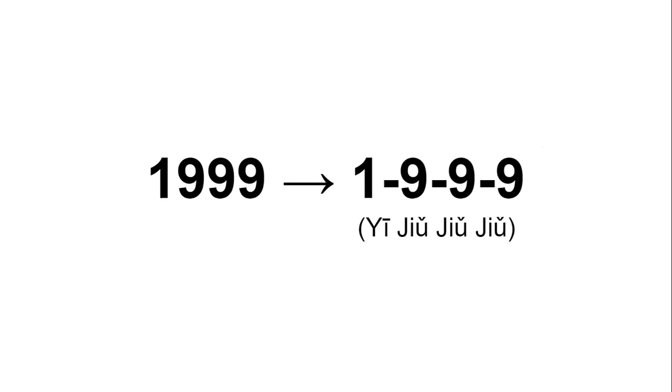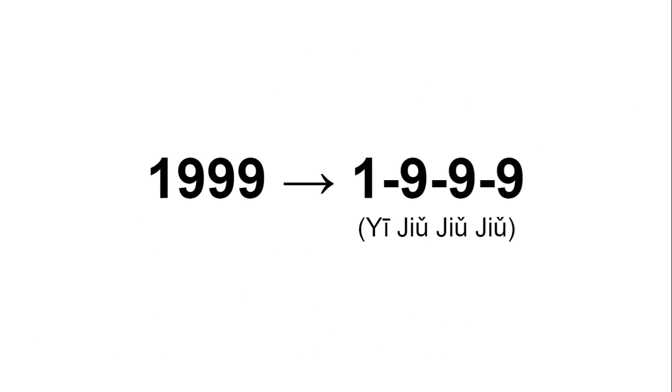Then moving on to rule number 3, we separate each digit of the year 1999 into 1999.